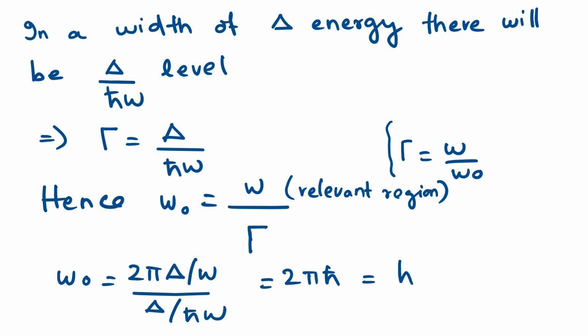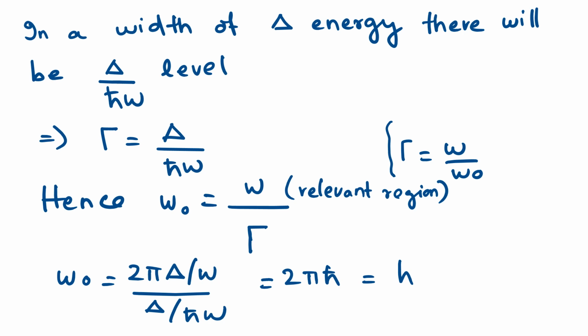In the beginning itself we discussed that Γ = Ω/Ω₀, the relevant region in the phase space divided by the volume occupied by one microstate. That will be the number of microstates, Γ. We have done a detailed explicit calculation of microstates, and derived this expression in the previous classes.